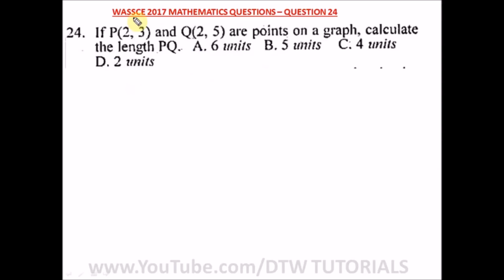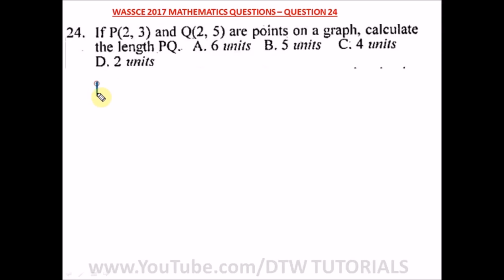Question 24 of our WASSCE 2017 mathematics past question. It says if P is (2, 3) and Q is (2, 5) are points on a graph, calculate the length of PQ. So we're calculating the length of that particular line.